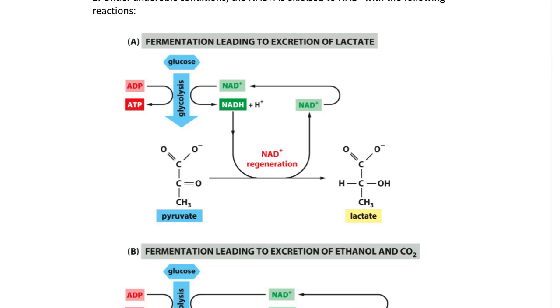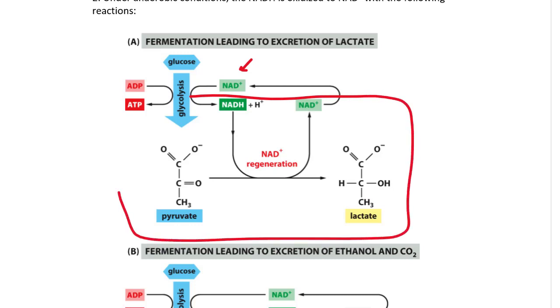You can see here that NAD plus is reduced to NADH. So under anaerobic conditions, the second reaction is activated. I'm just going to put a circle around this second reaction so you can see it. Here, the NADH is oxidized back to NAD+, so that it can be reused by glycolysis.